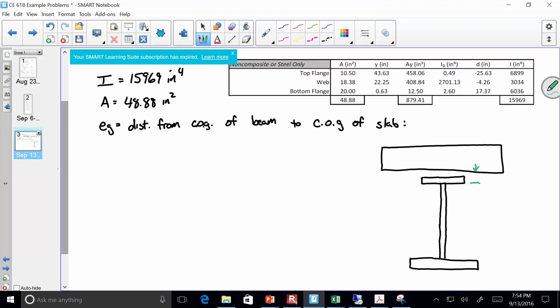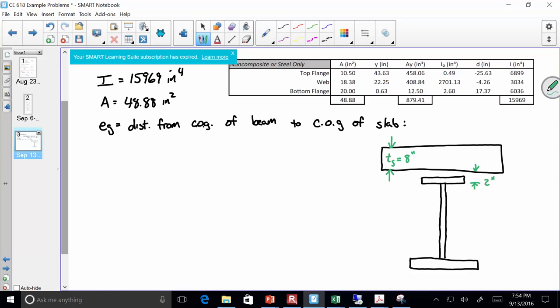What's the haunch? 2 inches. What's the slab thickness? 8, not the 8.5. There, good, right? We're using resistance. Effective structural slab thickness. So TS is 8 inches. Okay?